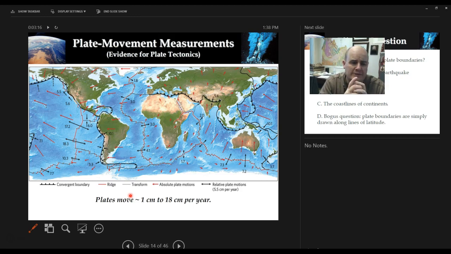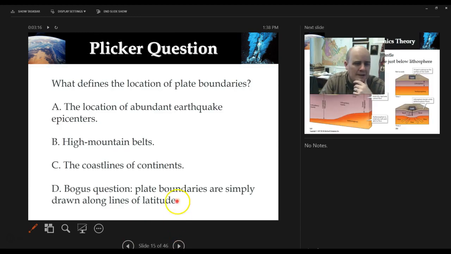So for example, around the Pacific, it's moving really quick because you have those fast moving plates. Around these regions, not as fast. So you have more earthquakes and volcanic activity around the Pacific than you do in most other places around the world.